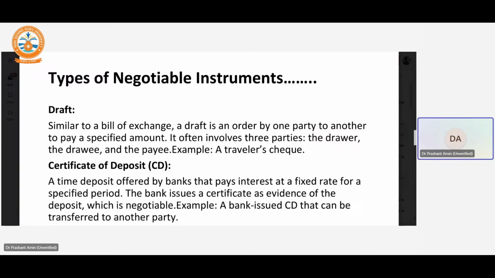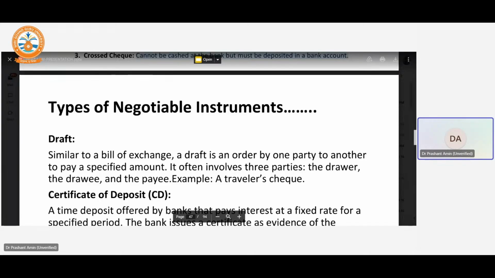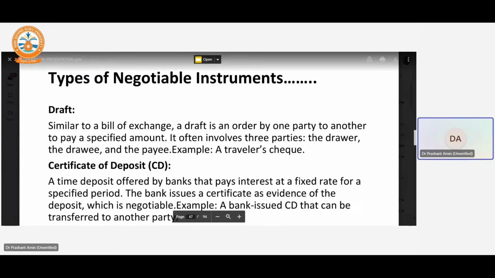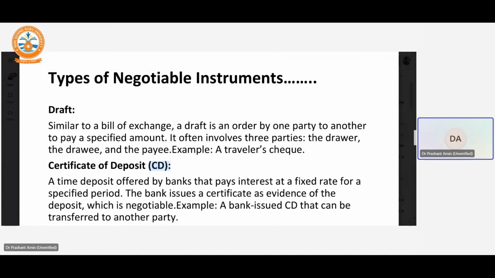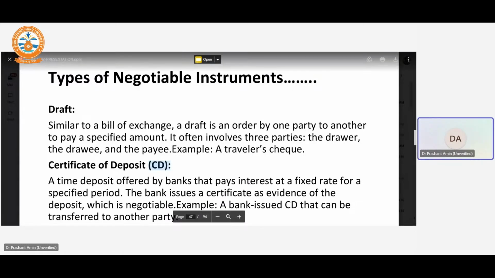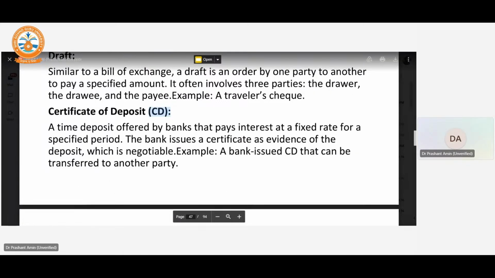Then the fifth negotiable instrument is the certificate of deposit, that is called CD, not the compact disc. In the context of negotiable instruments, it is a certificate of deposit: a time deposit offered by the bank that pays interest at a fixed rate for a specific period of time.